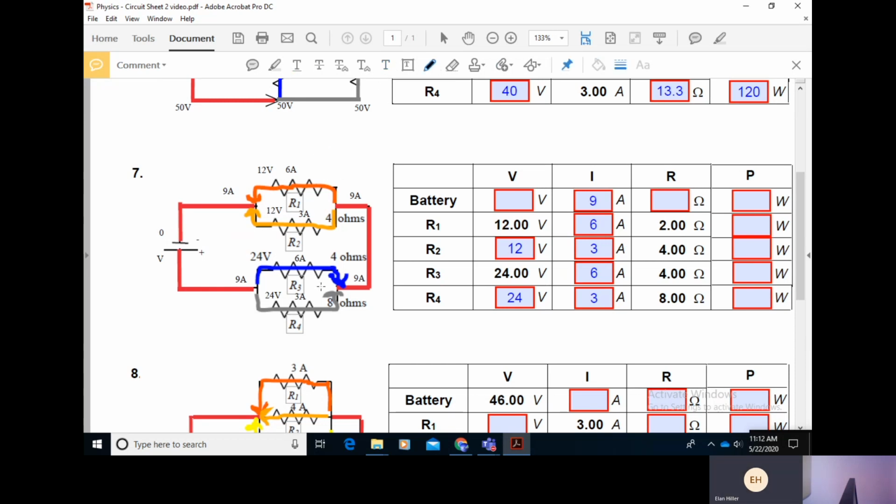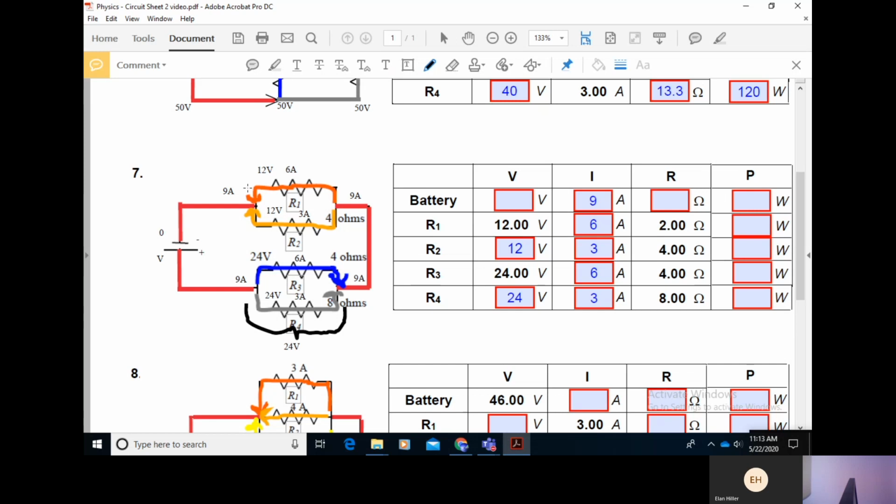Okay, so here's how we can figure this out. And I'm going to draw this for you. This whole parallel chunk right here, R3 and R4, has a voltage drop of 24 volts. It doesn't matter if I had a million resistors in parallel. From this point here to this point here, there is a potential drop of 24 volts.